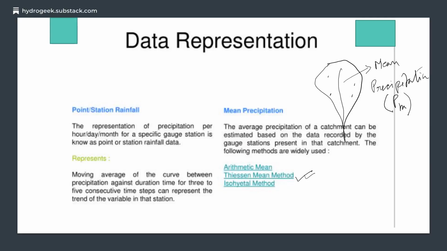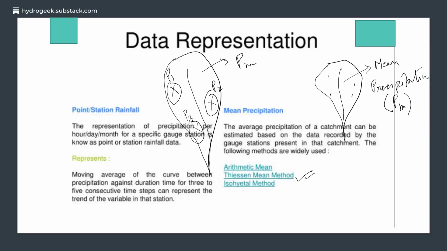So what is that? Now suppose you have a watershed where there are 3 rain gauge stations. Let them be P1, P2, P3. To find the mean precipitation of this watershed by the Thiessen mean method or Thiessen Polygon method, you have to apply this procedure.